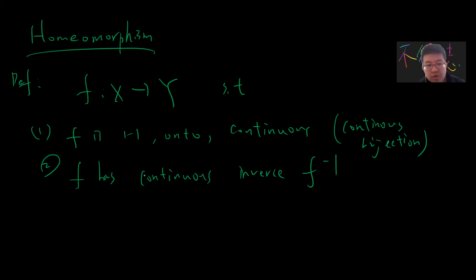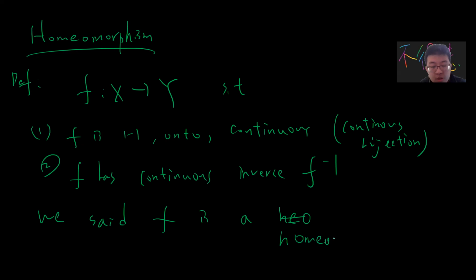By definition, since it's bijective, f inverse will exist. If f satisfies these two, then we say f is a homeomorphism. This is usually one type of definition of homeomorphism.